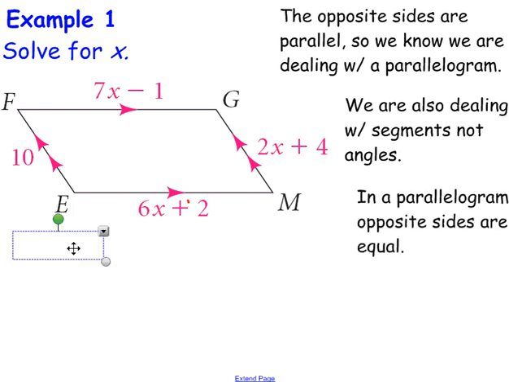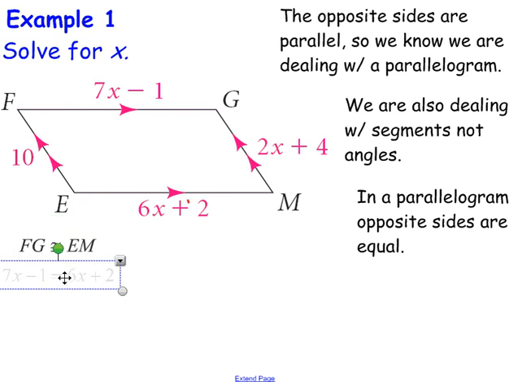So we could say FG is congruent to EM. And then we get 7x minus 1 equals 6x plus 2. So x is equal to 3. So that's one way to solve for x, right? We know that FG is congruent to EM, so we could set these two equal to each other.